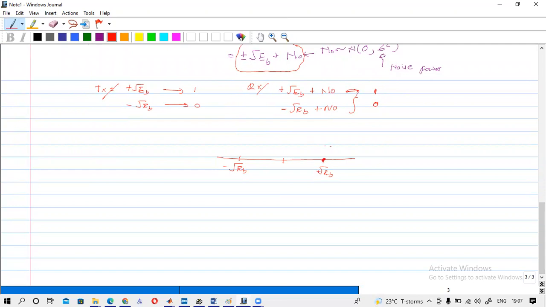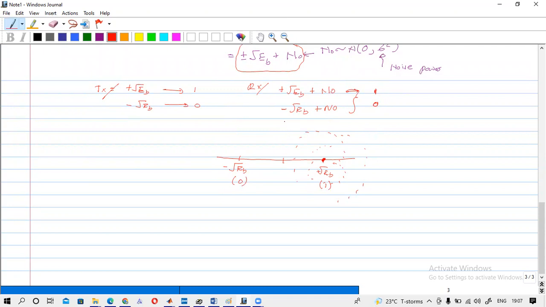The symbol can be at any location in this area. We don't know. Anyway, we have to decide whether the received signal belongs to plus root EB, that is 1, or minus root EB, that is 0.